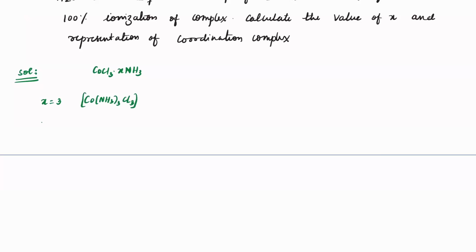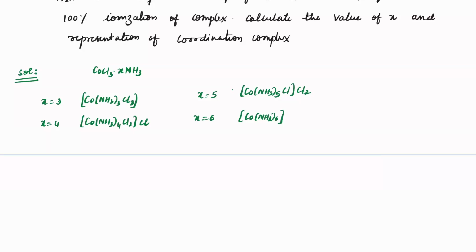If x is equal to 4, it will be Co(NH3)4Cl2, and 1 Cl will be outside. If x is equal to 5, cobalt with NH3 5, Cl inside, and 2 Cl outside. If x is equal to 6, it should be cobalt NH3 6, and all Cl should be outside.